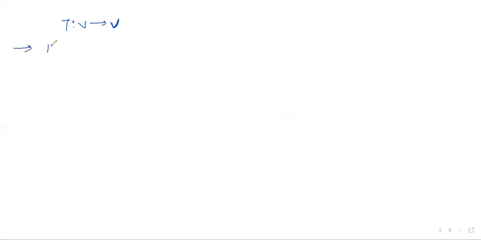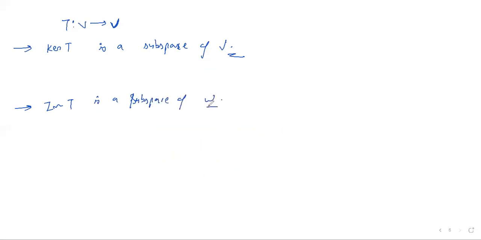Now there are two things: ker T is a subspace of vector space V, and the other thing is that the image of T forms a subspace of W. Let's see how. I have said that the transformation is V to U, then the kernel of T forms the subspace of V.